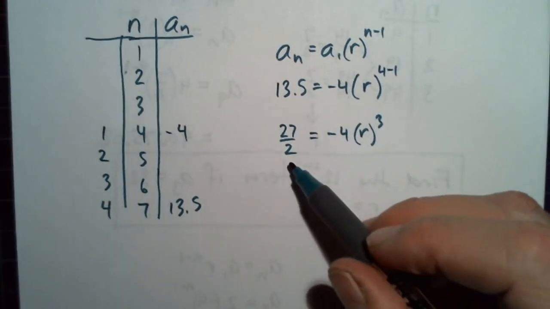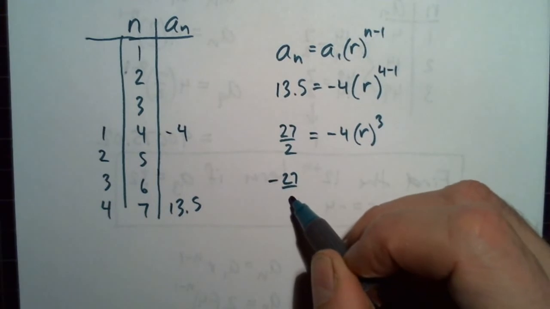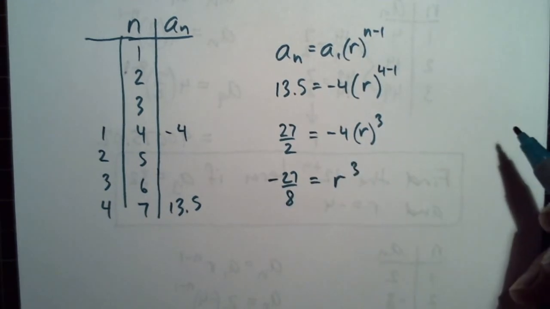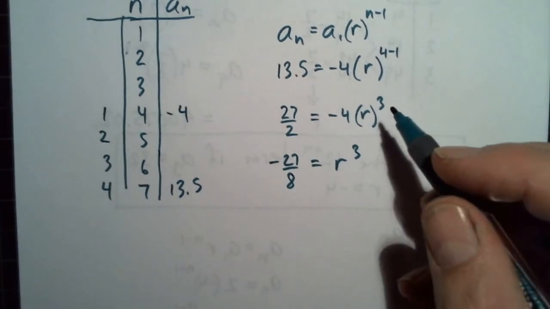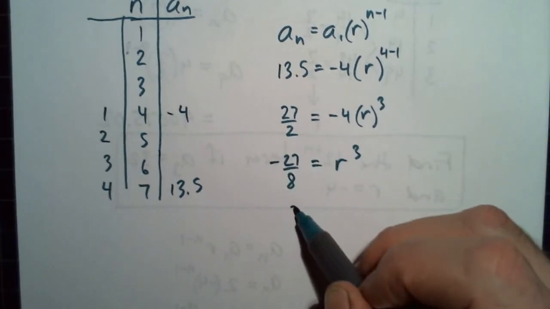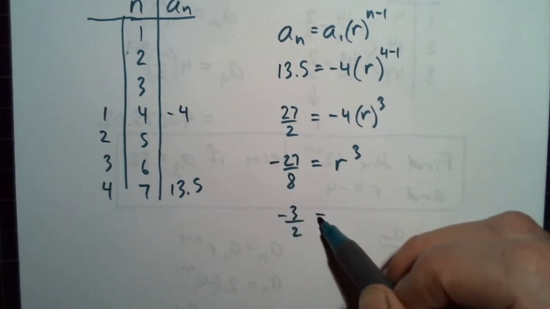Because now we can divide by -4, and then we can just have this be 27 over 8. We will do the cube root of both sides, and the cube root of 27 is 3, the cube root of 8 is 2, the cube root of a negative is a negative.